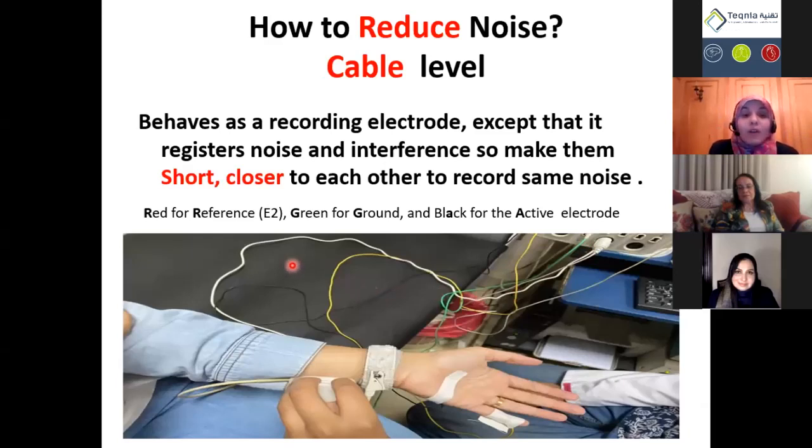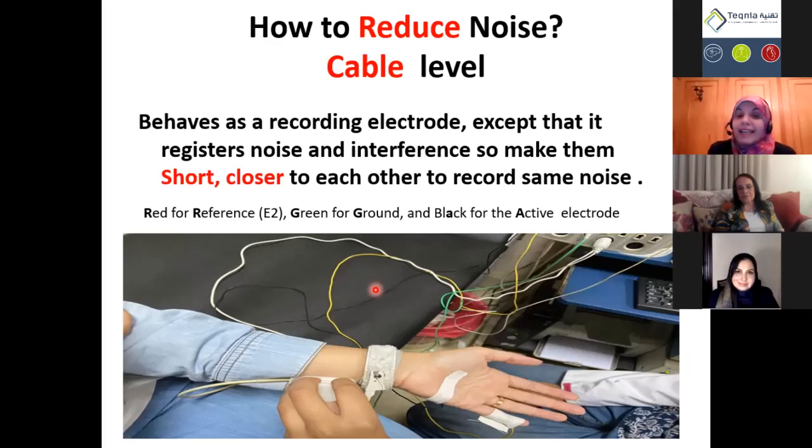Here, when you spread them widely, each one is picking up the interference or noise with different amplitudes. So this is completely wrong. You have to put them all together, and sometimes there are twisted cables to equalize the amount of electricity, rather than the desired signal, passing through them.